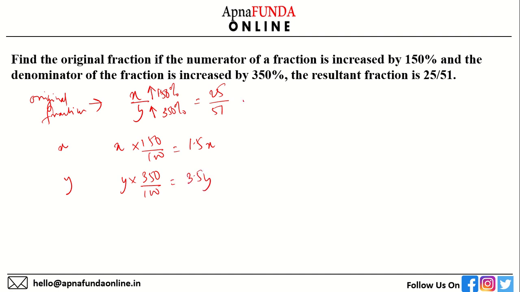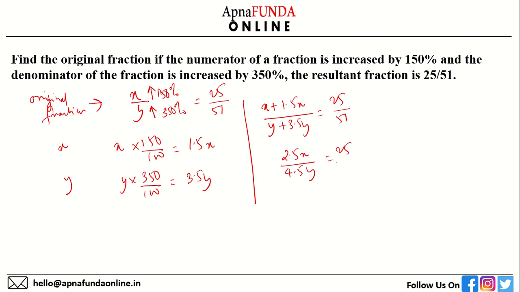So what is given is x plus 1.5x divided by y plus 3.5y becomes 25 by 51. Correct? This becomes 2.5x divided by 4.5y, which is equal to 25 by 51. Correct?